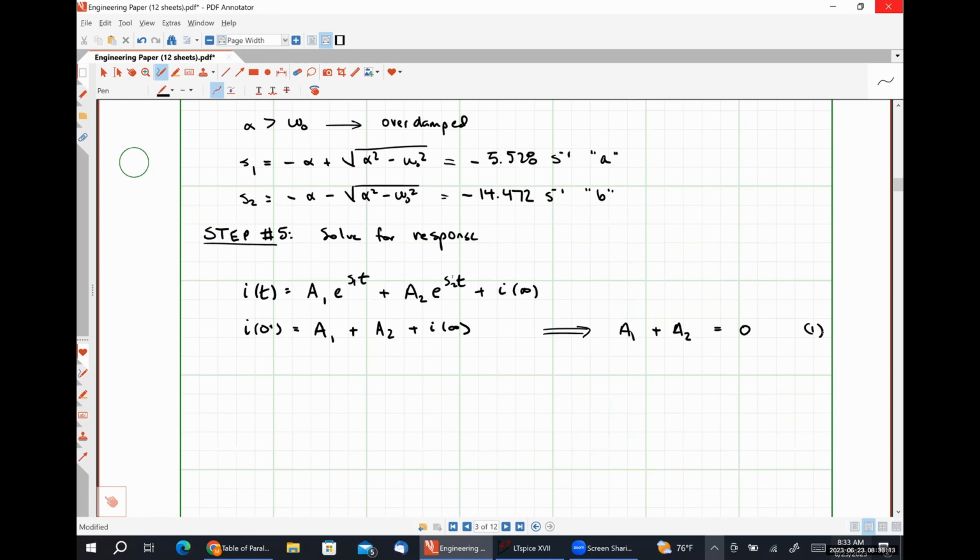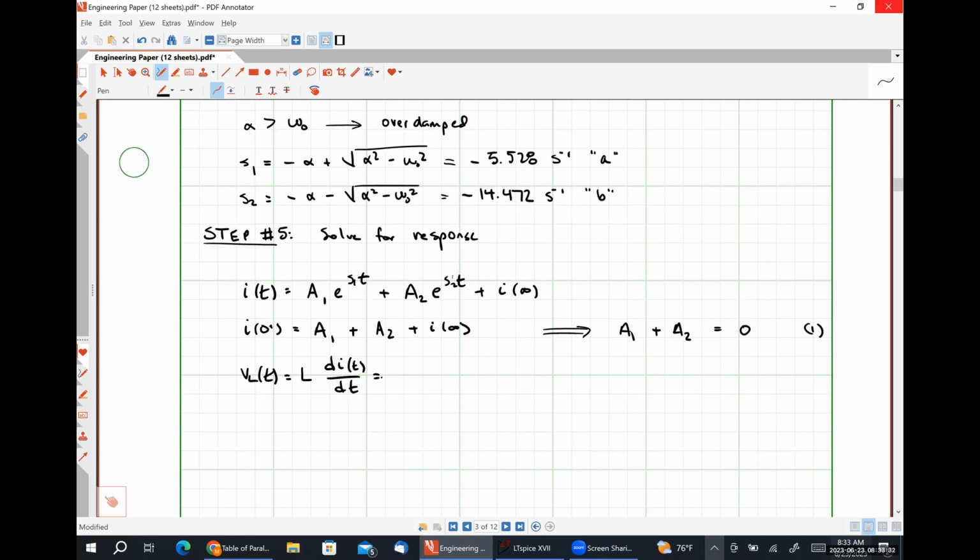Now I'm going to use the inductor voltage relationship because that's the derivative-based relationship with the inductor current. So I can say that VL of t is L di by dt.